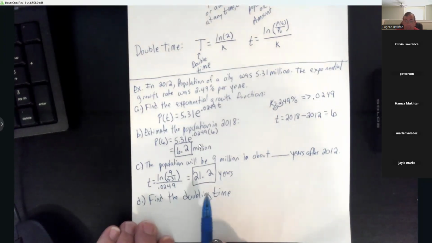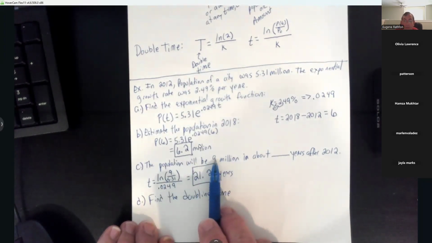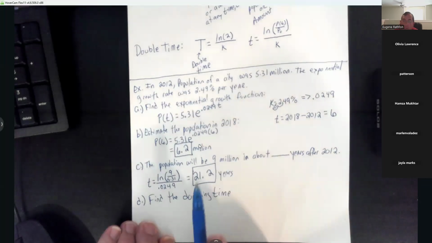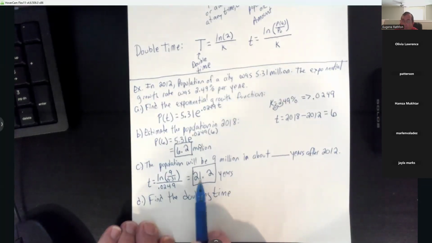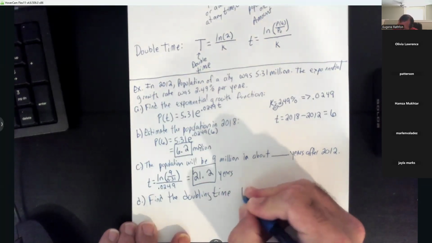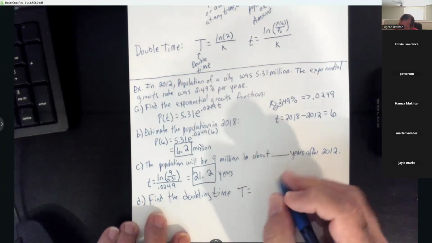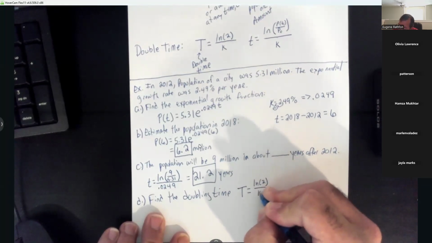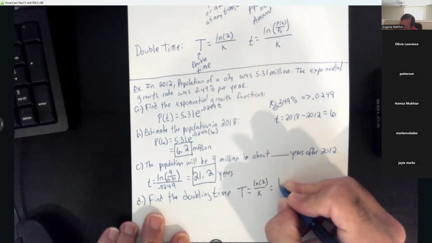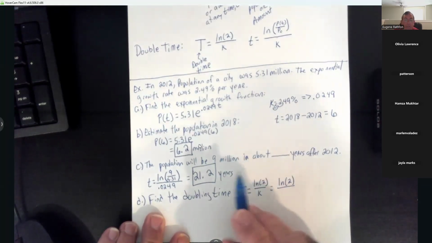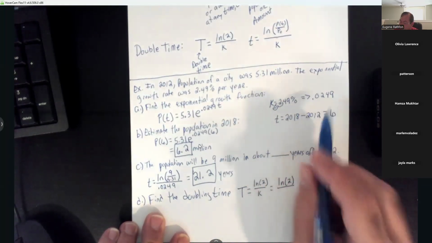The doubling time, so 9 million ain't quite double 5.31. So I'm expecting the double time to be a little bit bigger than this, okay? So the doubling time was T equaled ln of 2 over K. So that'll be ln of 2. K was our 0.0249.